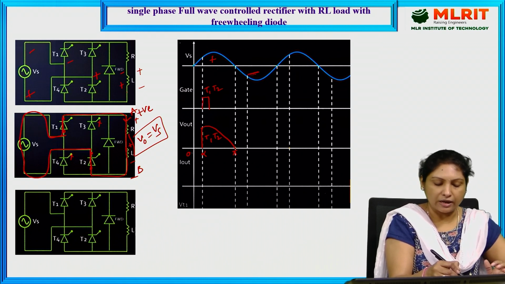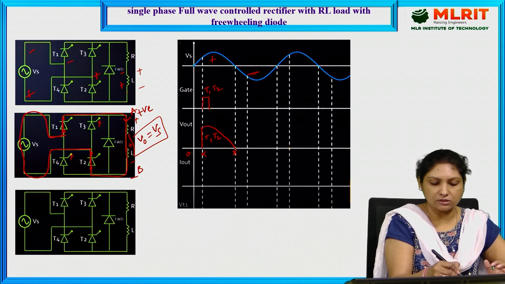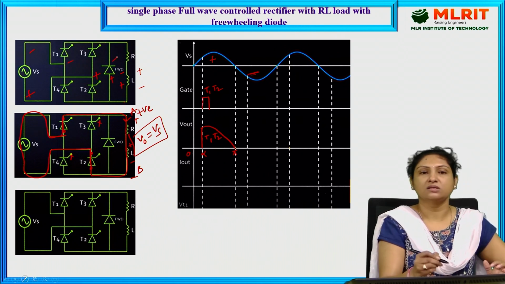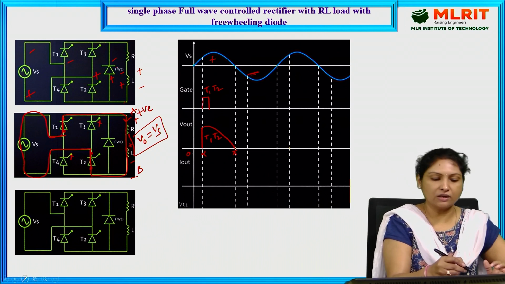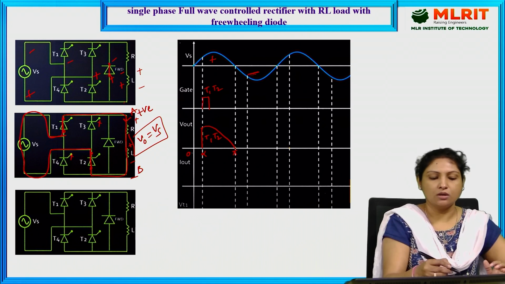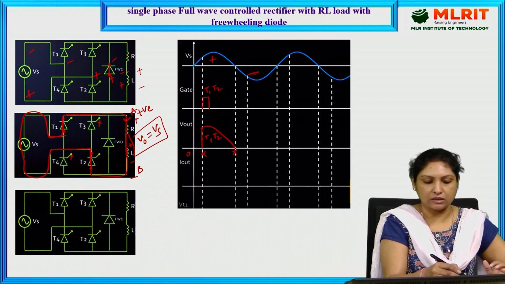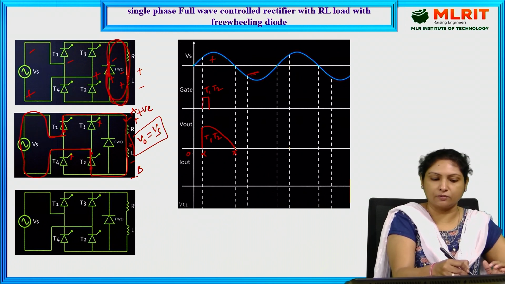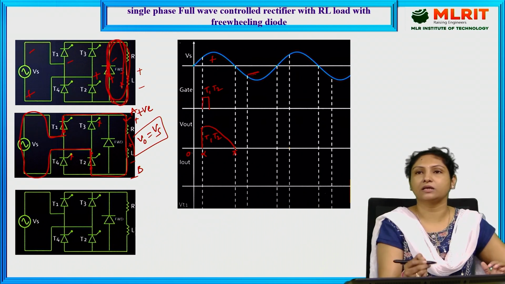In this process, the positive is applied across the anode of the diode, such that the freewheeling diode is now forward biased and acts as a short circuit. So the energy stored in the inductor will be driving the current through the load, through the freewheeling diode, since the freewheeling diode is completing the path.